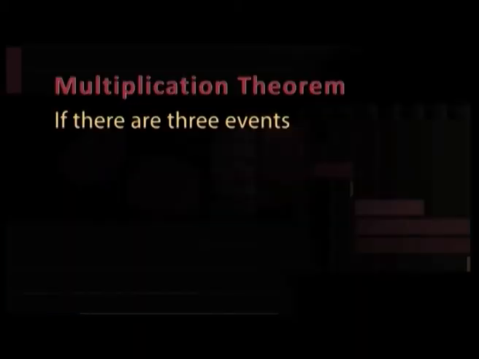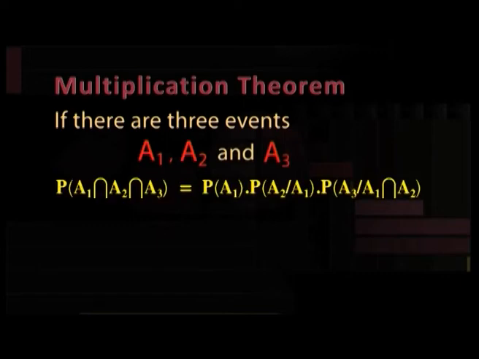If there are three events, A1, A2 and A3, then probability of A1 intersection A2 intersection A3 is equal to probability of A1 into probability of A2 given A1 into probability of A3 given A1 intersection A2.